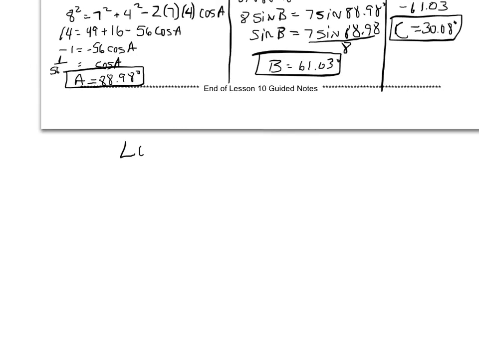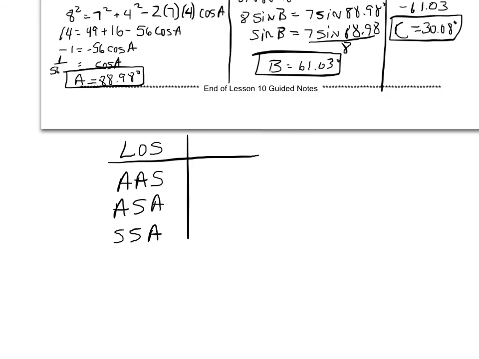Okay, so remember, law of sines, we're going to use with either angle, angle, side, angle, side, angle, or side, side, angle configurations. And law of cosines, we're going to use with side, angle, side, or side, side, side configurations.